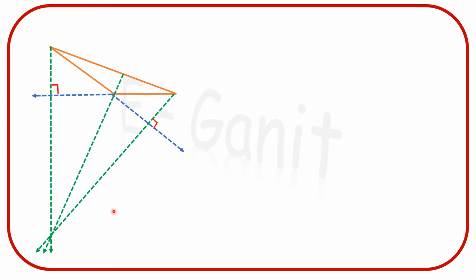Okay, we draw. Here in the obtuse angle triangle, all altitudes intersect outside the triangle.